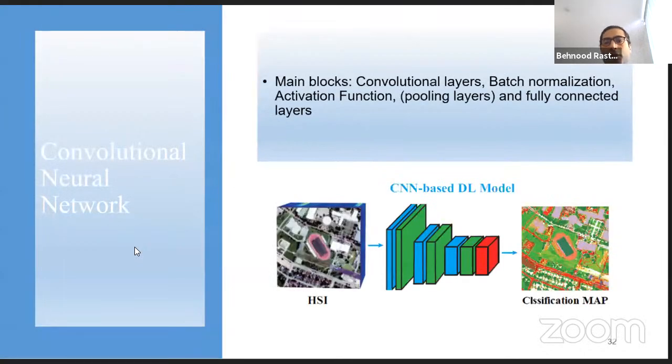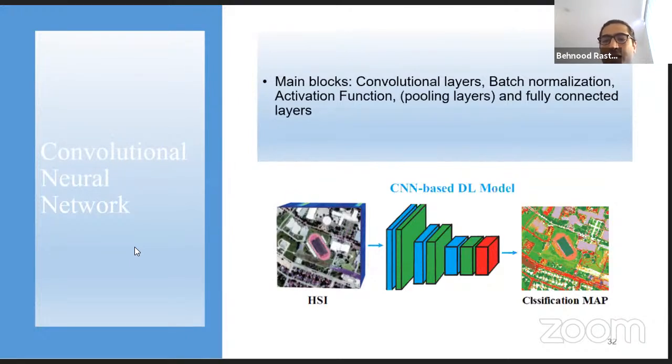So now that we have a good idea about the main components of CNN and maybe some other networks as well, let's move to convolutional neural networks and the architecture that we used. The main blocks are the convolutional layer, batch normalization, activation function, pooling layer, and fully connected layer.